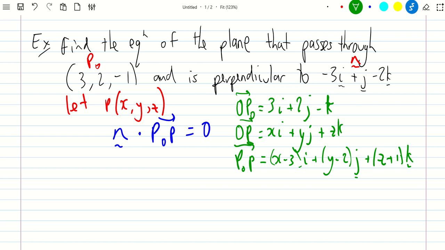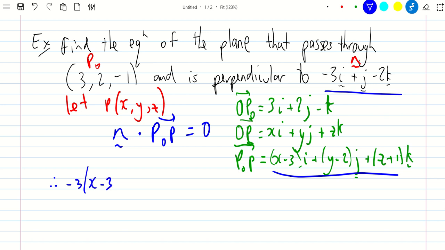If we now put this into the dot product formula that we had before from up here in blue, we're going to have the dot product of this against this. So it's going to be negative 3 times x minus 3, plus 1 times y minus 2, minus 2 times z plus 1, all of that equal to 0.